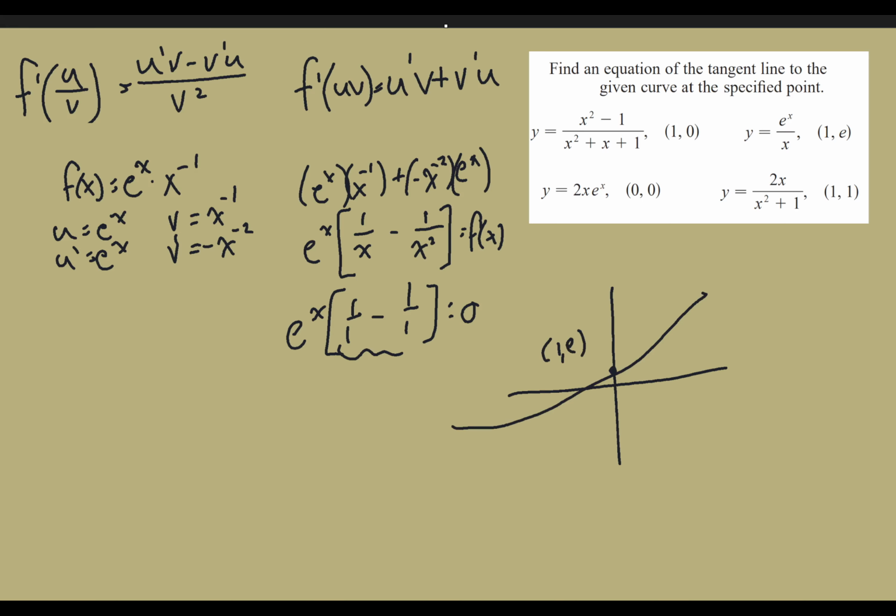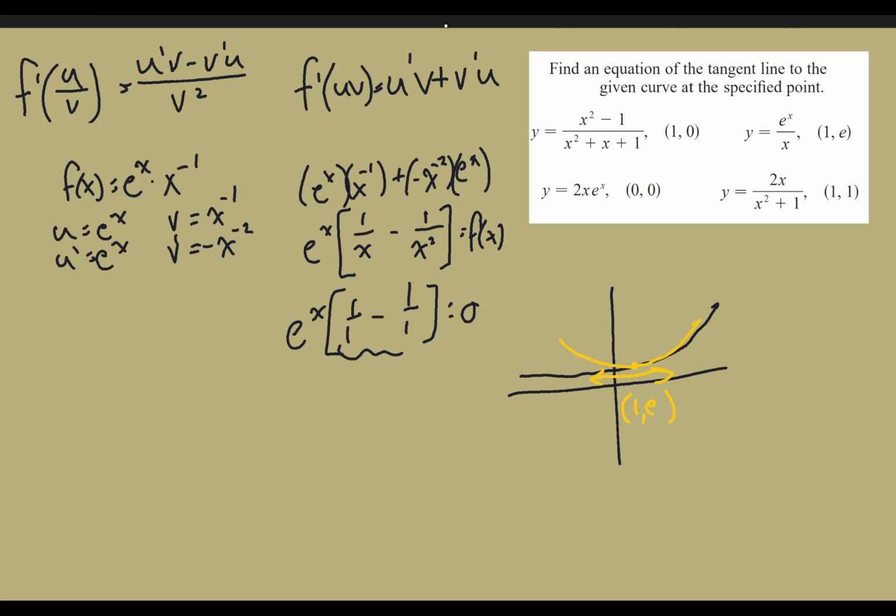It's actually going to have a slope of 0, so I'm going to try and draw that a little bit. I have no idea what it's going to look like. Let's just say it looks like this. The slope at 1, e is going to be exactly 0.